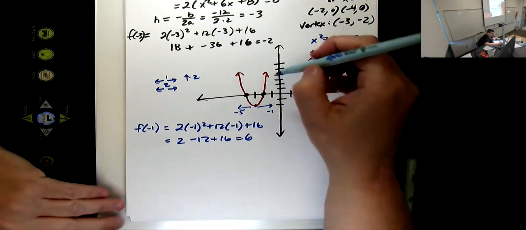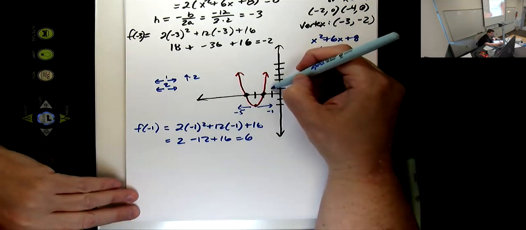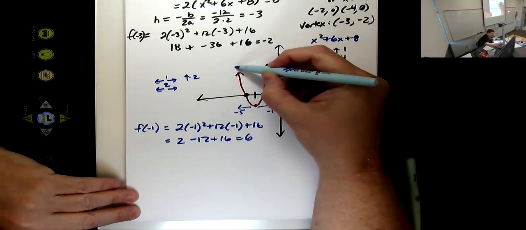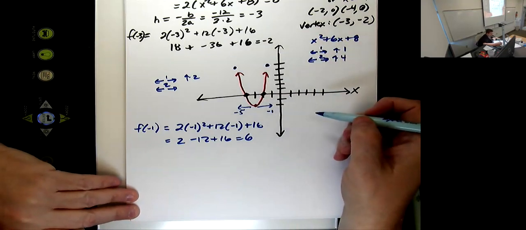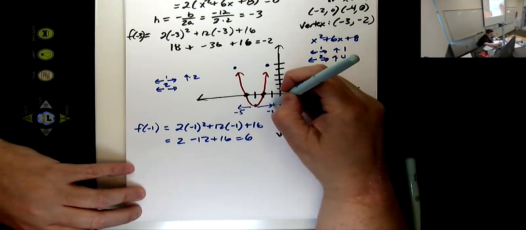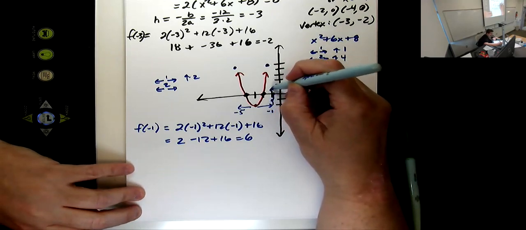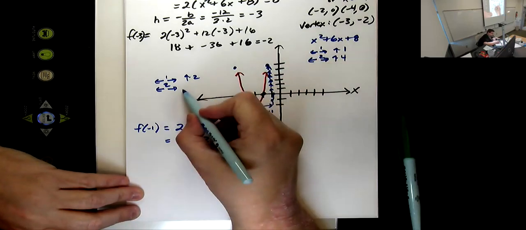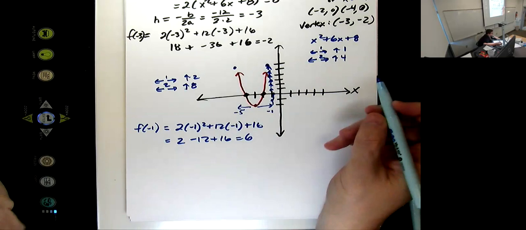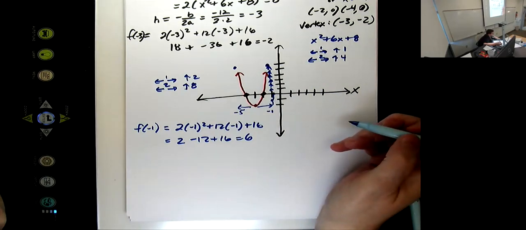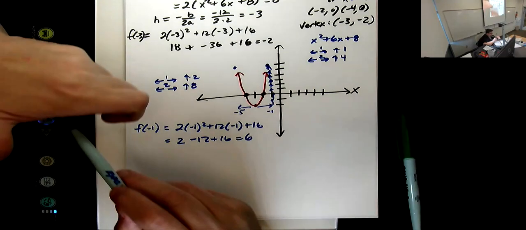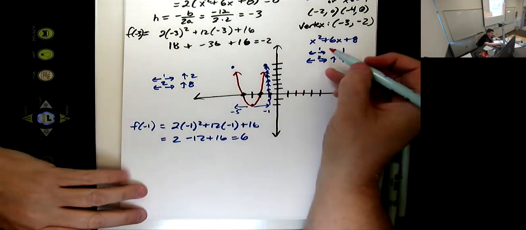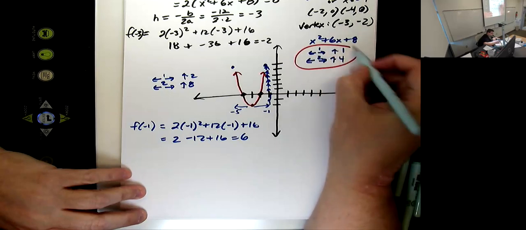Six, which is up 1, 2, 3, 4, 5, 6, 7, 8. See what changed here? We went from 1 and 4 to 2 and 8.